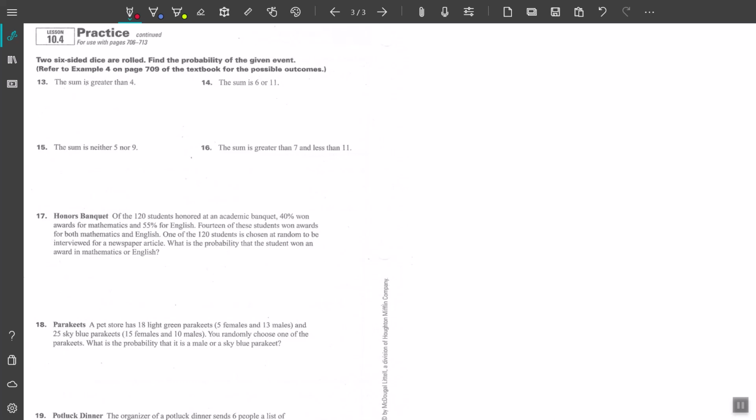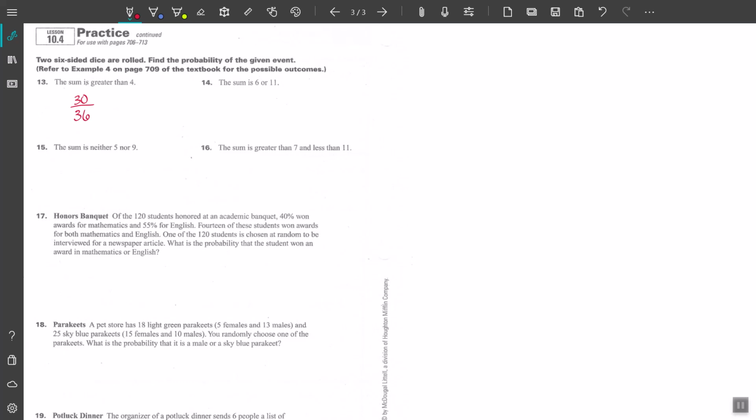Okay, and out of those that are not greater than 4, you can see there are only 6 options. The rest, there are 30 possibilities then of these dice rolling out to have a sum greater than 4. All right, so because there are 30 outcomes that are greater than 4, we're going to put that number over the total number of outcomes.